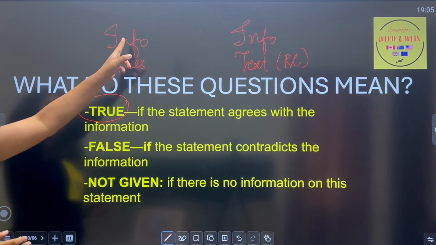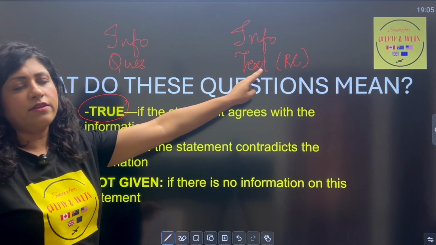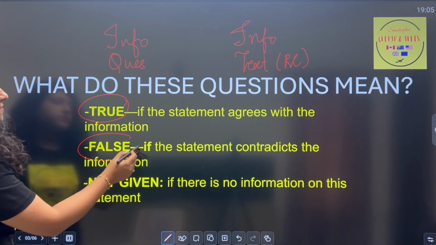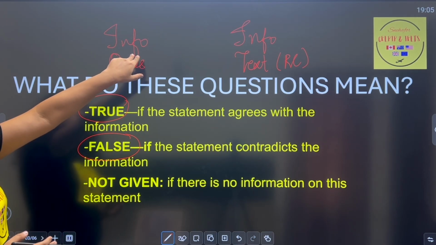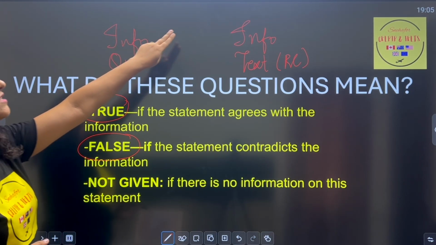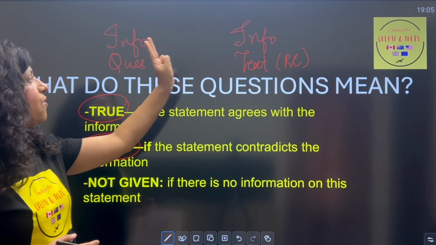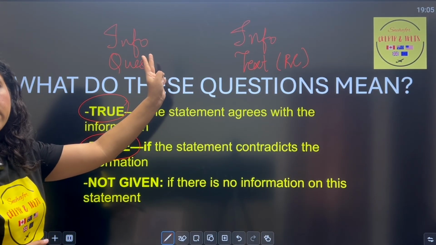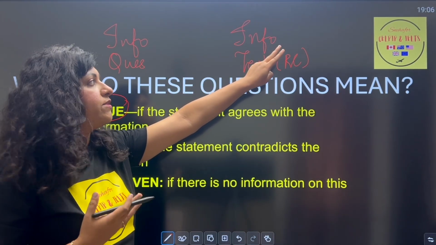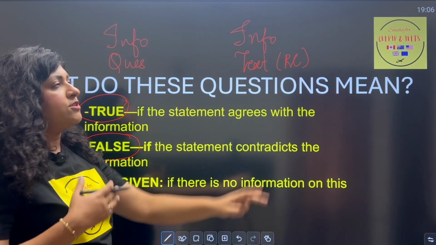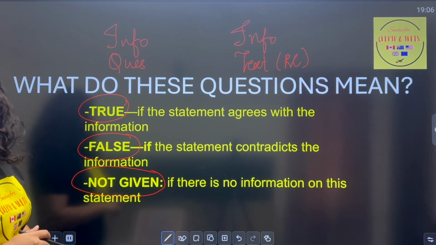If you think the information of the question is contradictory, opposite to that given in the text, you're going to mark it false. And if you think the information given in the question is missing in the text, that means the text does not talk about whatever information is given in the question, or only talks about it partially, and you cannot fully verify it from the text, then in that case, you are going to mark your answer as not given.